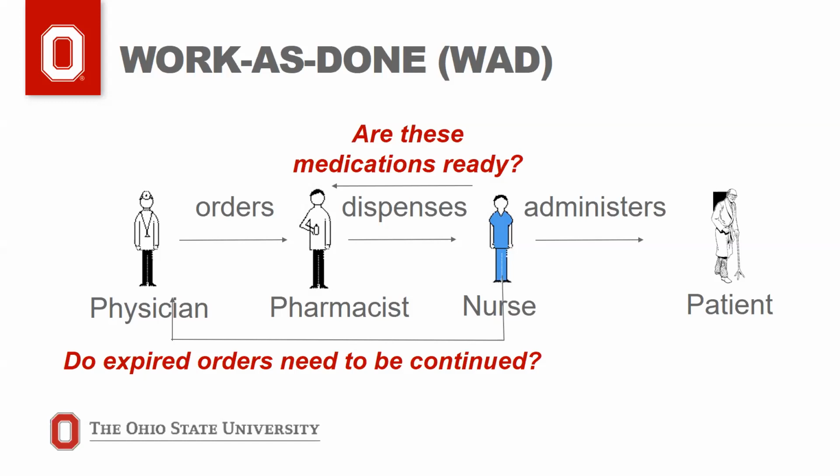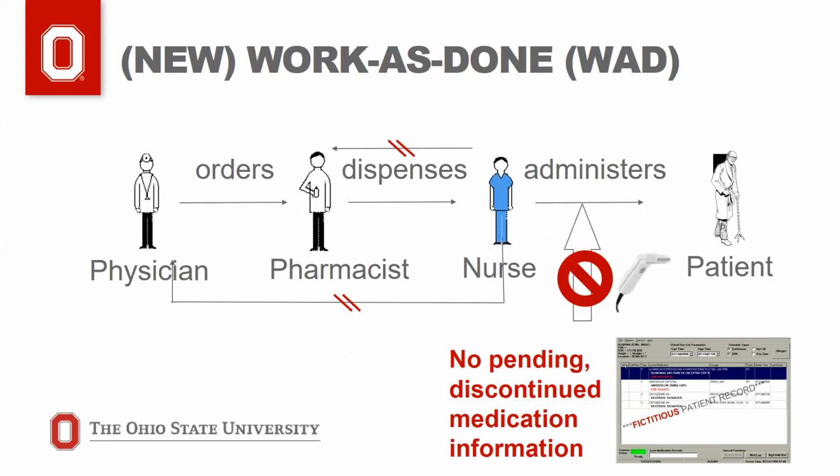Now, how does this relate to the design of health information technology? So when you put barcode medication administration in, if you don't know those hidden safety loops exist, then you can inadvertently cut them. So if you have a barcode medication administration software package for a nurse that does not show pending medications, meaning not yet verified by pharmacy, and discontinued medications, meaning automatically expired orders from physicians, it can make sense when you're designing to think, well, why would the nurse need to see those?